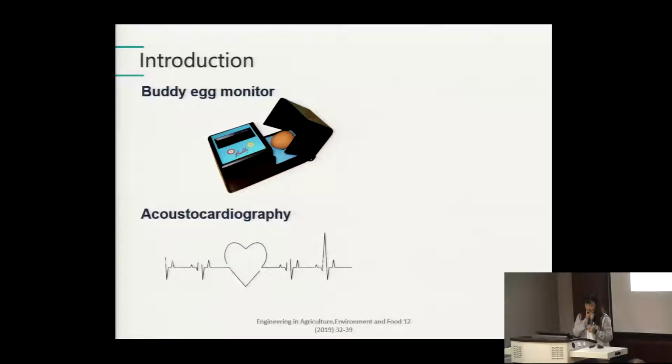The first one is made for people who want to monitor incubated eggs, but there is a high possibility of including body movement in the heart rate measurement.